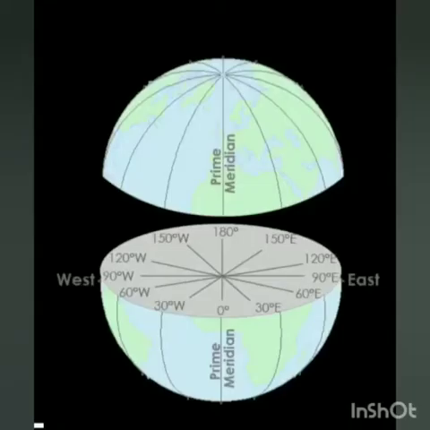In this globe, we can see this region is South America. Above South America, we can see it is lying at the west, and these other continents lie to the east.